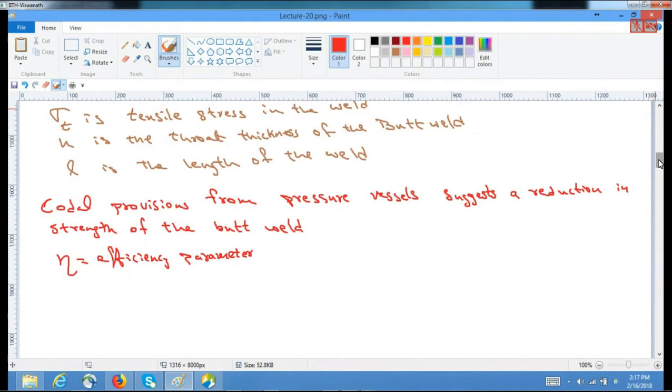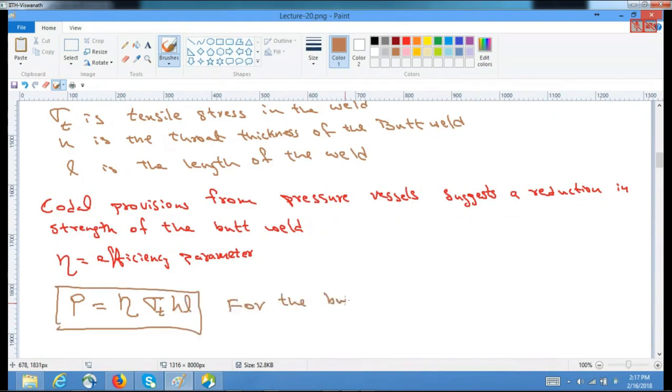For that reason, pressure vessel codes suggest an efficiency factor, and hence our total load has to be corrected or reduced with this efficiency factor: P equals efficiency times sigma T h L for the butt weld. So this is how a butt weld has to be designed. Let's have a look at an example.